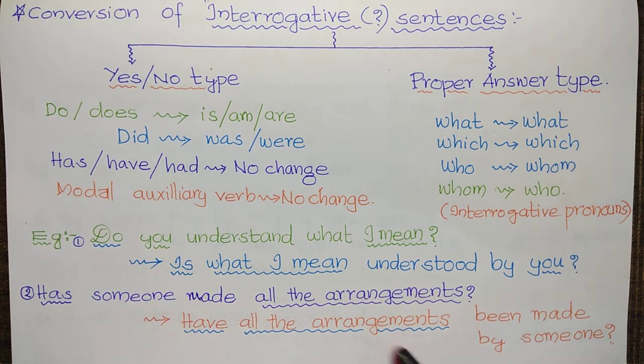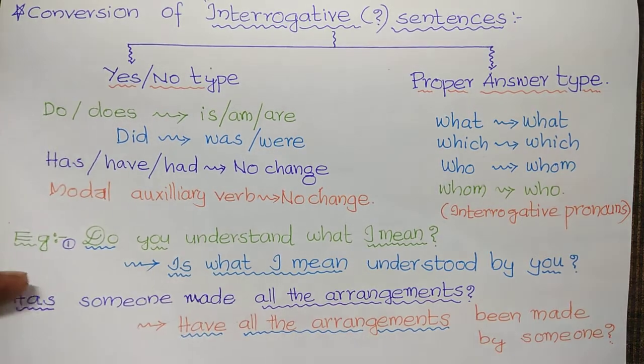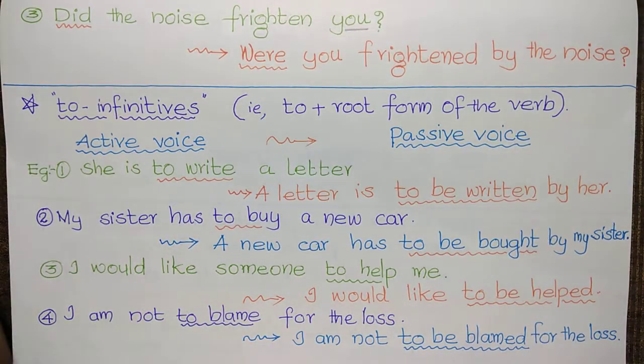All the arrangements been made by someone. Since this is plural, we use have, not has. Have all the arrangements been made by someone? Been is the to be form in the case of perfect tense. That is the case of interrogative sentences.